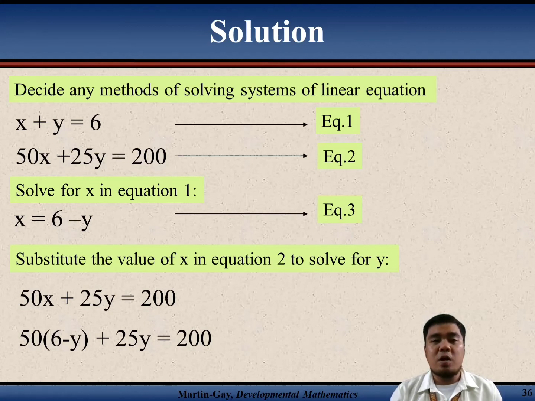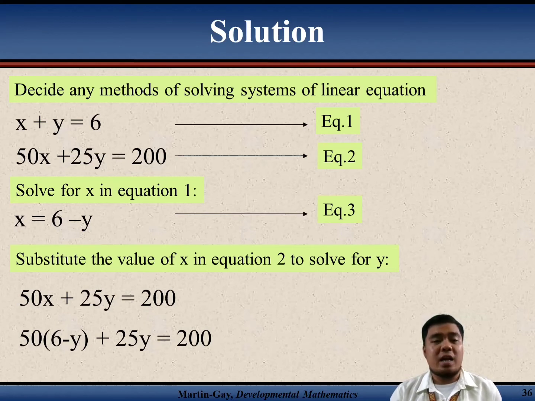So we have here equation number 3, and that is x is equal to 6 minus y. Then right after that, by substitution, we can substitute that value of x, which is 6 minus y, into equation number 2. Again, we are not allowed to use equation 1 because equation 1 was used to derive equation 3, or to get the value of the variable we want.